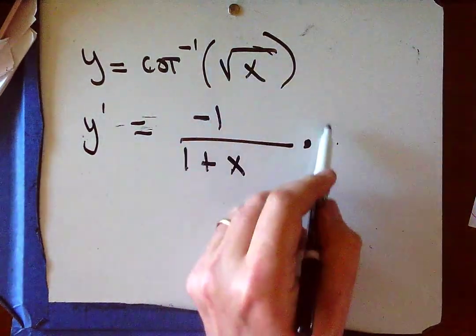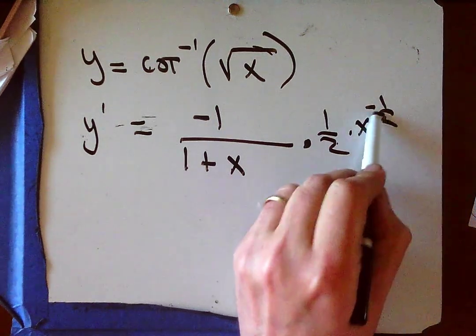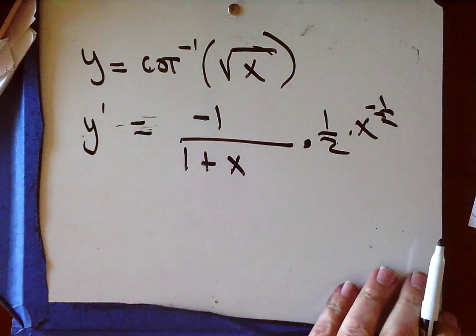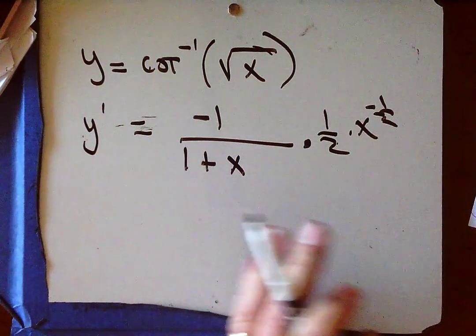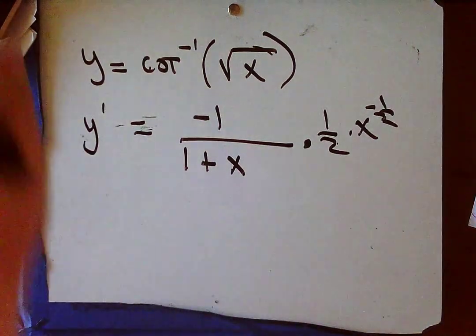Well, this is x to the 1/2, so the derivative is going to be that. Okay? I mean, you can certainly tidy that up. If this were multiple choice, I would need to be tidying this up. But no, I don't need to tidy this up right now for us.